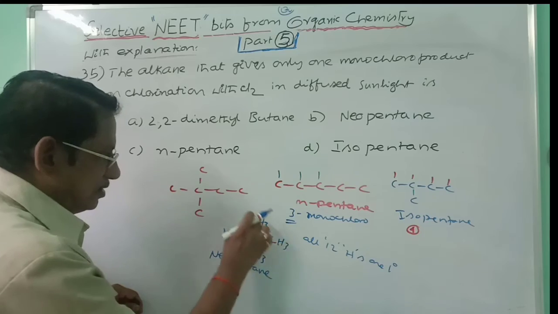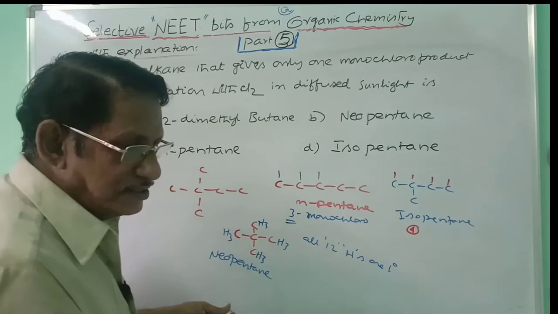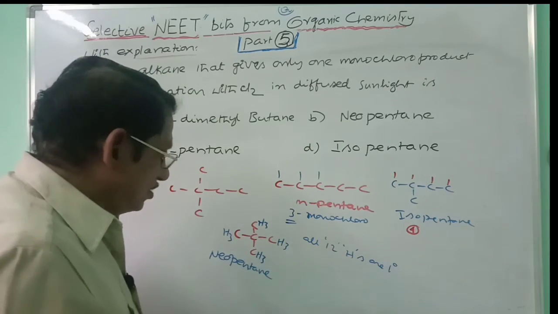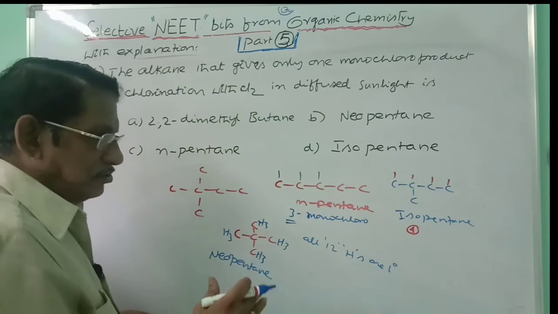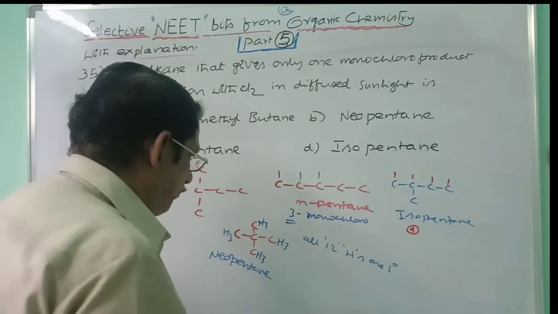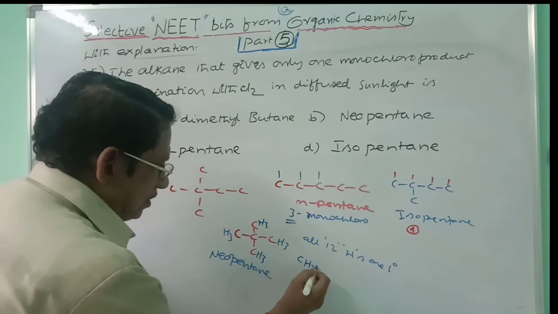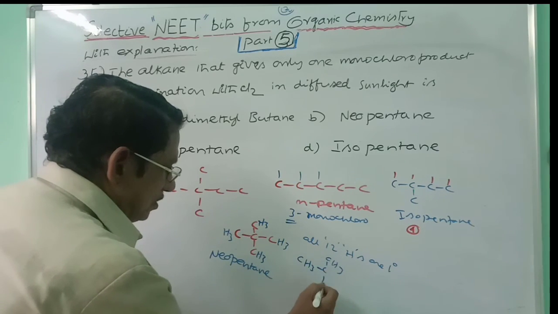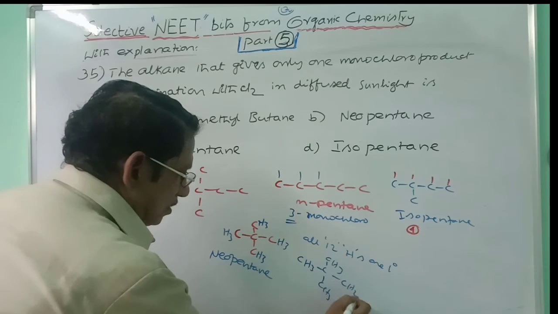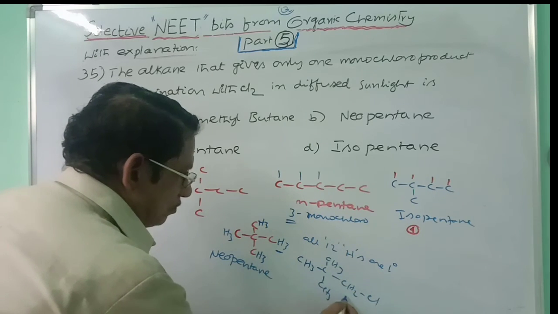Because these 12 hydrogens are attached to primary carbons. There is no secondary hydrogen, there is no tertiary hydrogen. Of course, quaternary hydrogen is never present. And so here if H is replaced, you will get CH3, CH3, CH3, CH2Cl. One H is replaced by Cl, you will get this one.